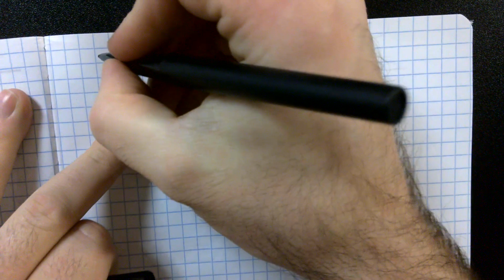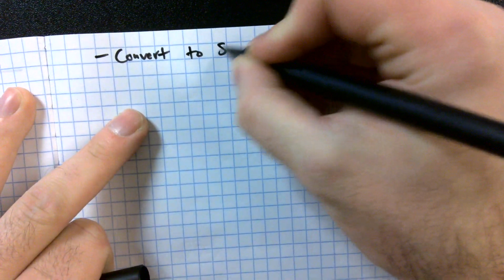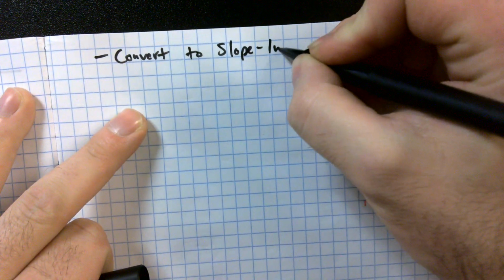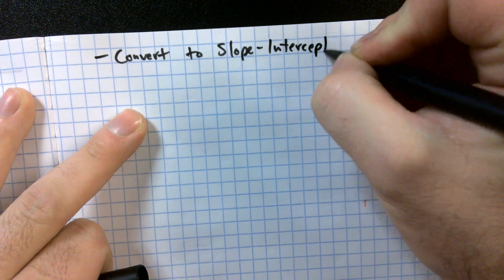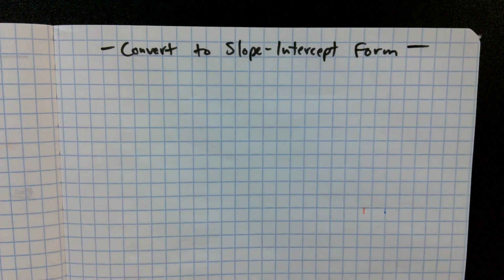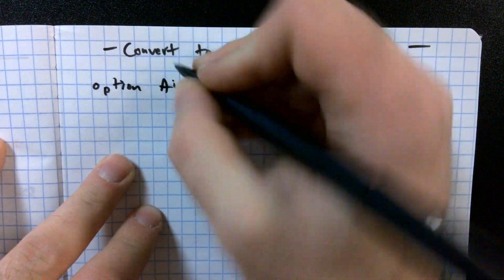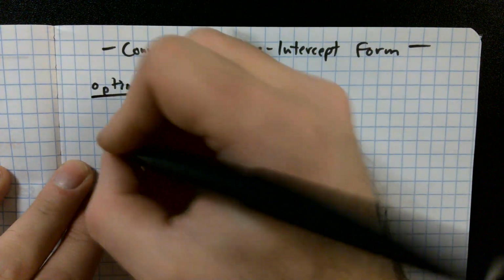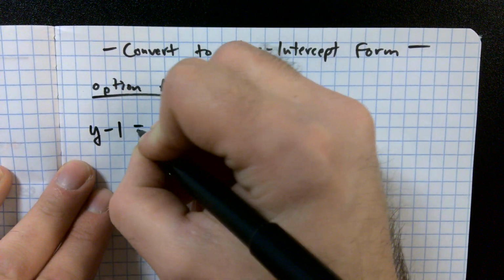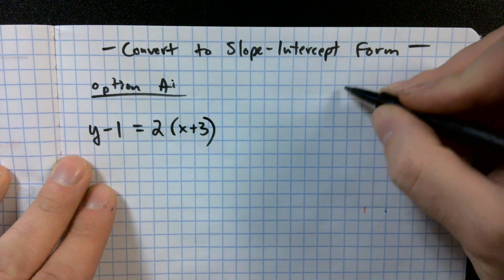So, let's say we wanted to convert to slope-intercept form. What does slope-intercept form look like again? y equals mx plus b. That's right. So I'm going to take option A. Option A was y minus 1 equals 2 times x plus 3.